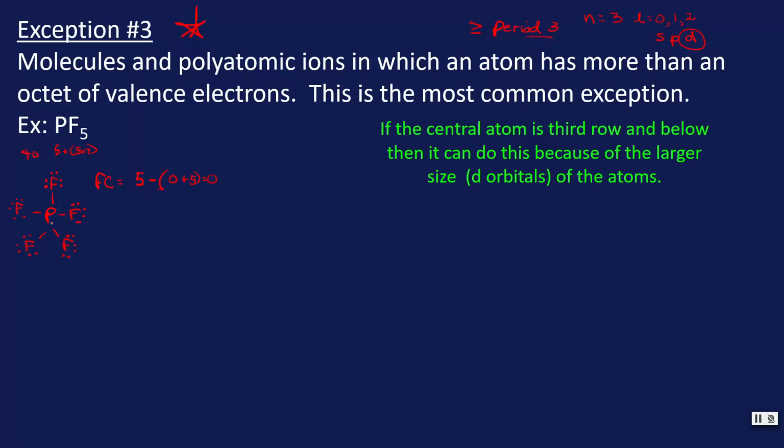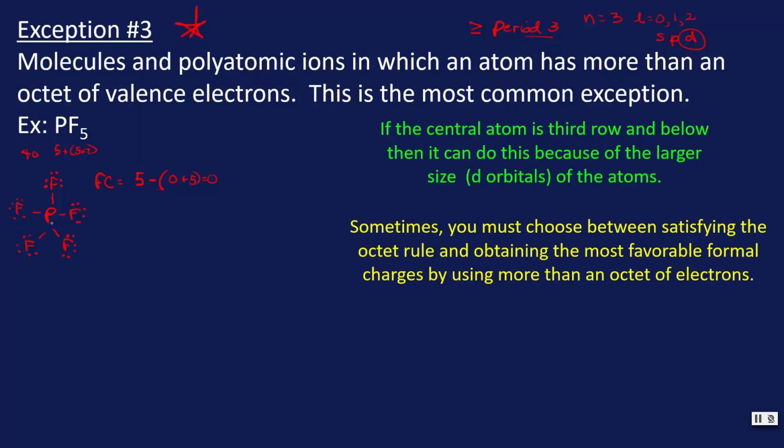Again, if the central atom's in the 3rd row and below, it can do this. It can form more than an octet because of the larger size and the d orbitals of the atoms. Sometimes you have to choose between satisfying the octet rule and getting the most favorable formal charges by using more than this octet.